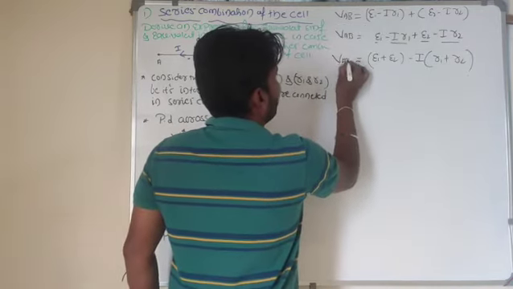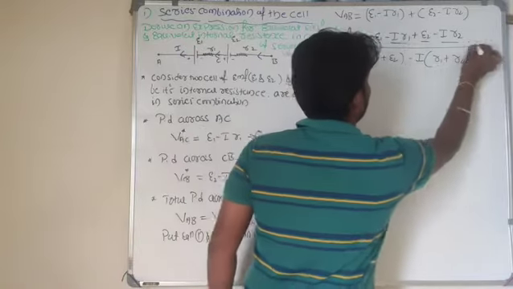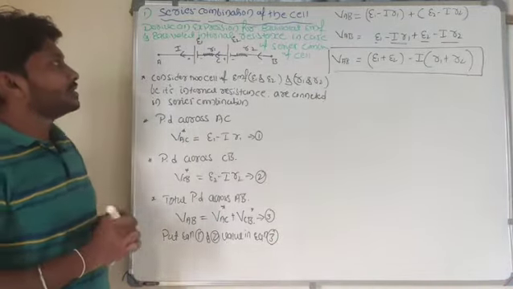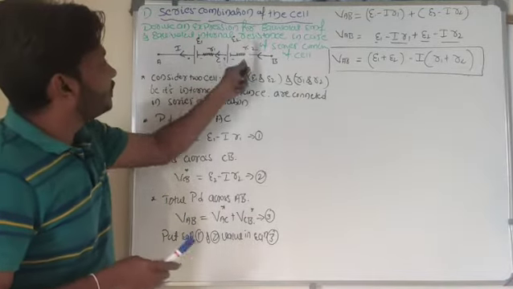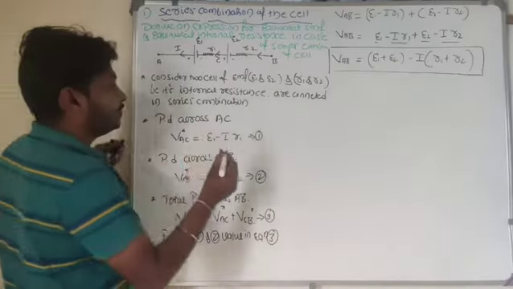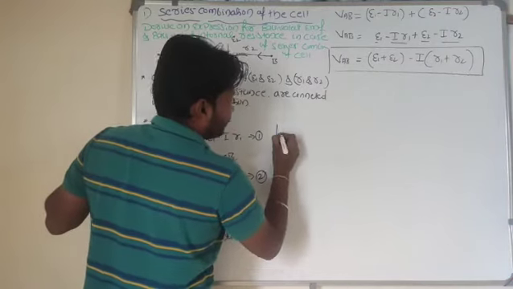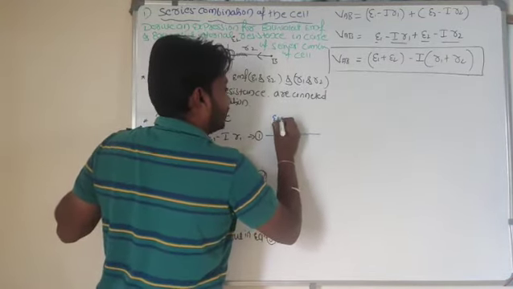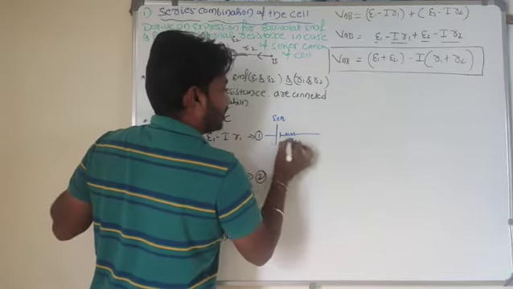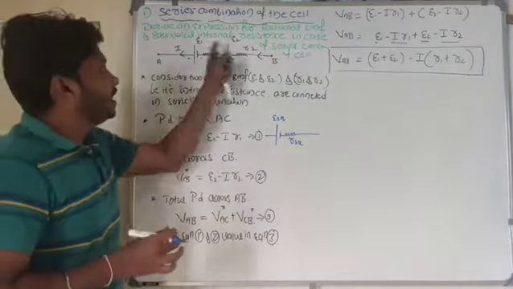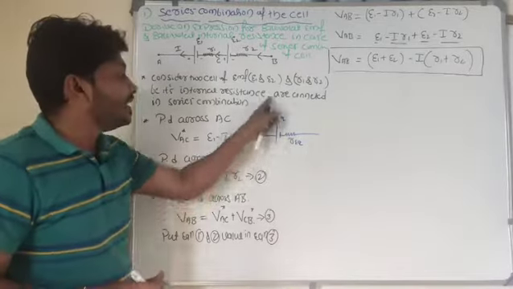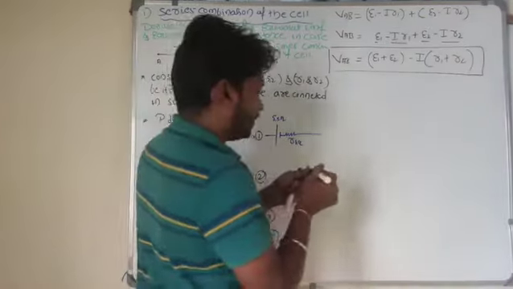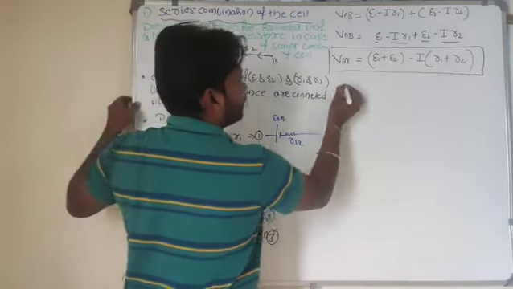So V of A to B is equal to E1 plus E2 minus I into R1 plus R2. Look here, instead of two cells I get a single cell having an equivalent EMF and equivalent internal resistance, R equivalent. Instead of two internal resistances I got a single internal resistance. I will compare this equation with the standard form.